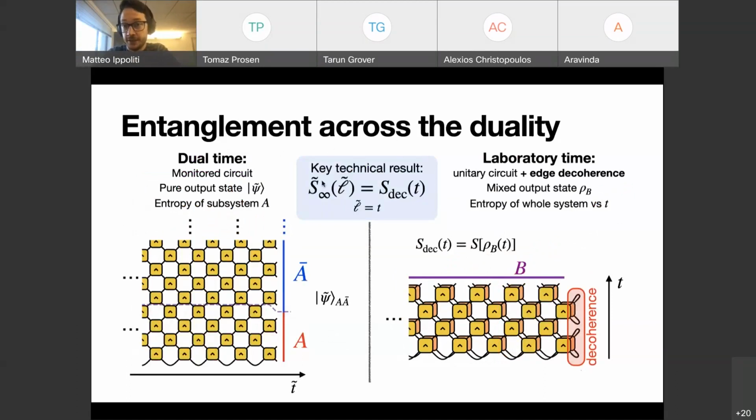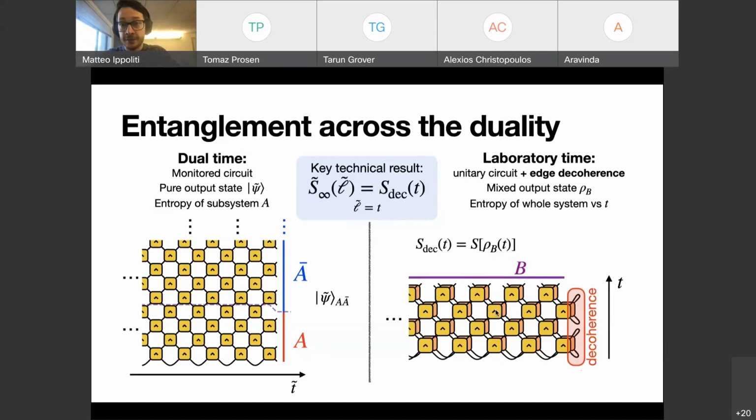So we have this identity here that connects entanglement across this space-time duality. So on the left-hand side, we have this pure state obtained from the dual evolution at infinite depth, so steady state type quantity. And on the right-hand side, we have this temporal growth of entanglement in a mixed state in this dissipative unitary plus decoherence type evolution.